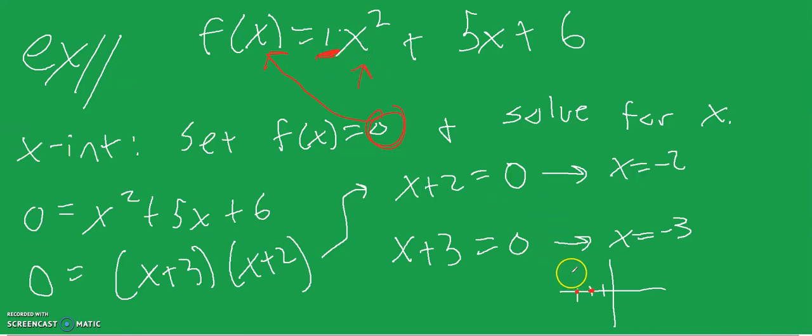It's going to look something like this. This isn't a perfect drawing. All I care about really is the x-intercepts occurring at negative 3 and negative 2. Alright, let's do another one.